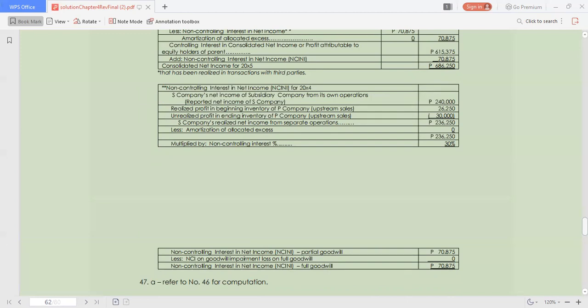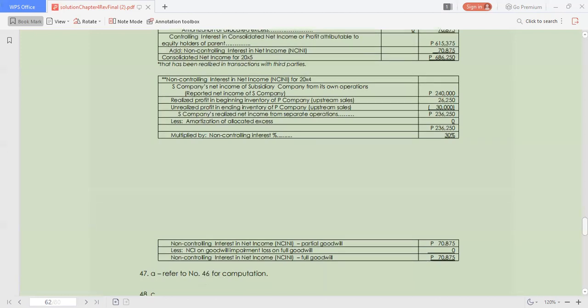So consolidated net income for 20x5 is that, but we are asked for the consolidated net income for 20x4. So the non-controlling interest as well could refer to 20x4 and 20x5, which some of us will be confused because of the years involved.